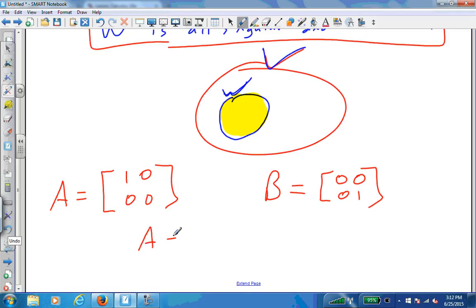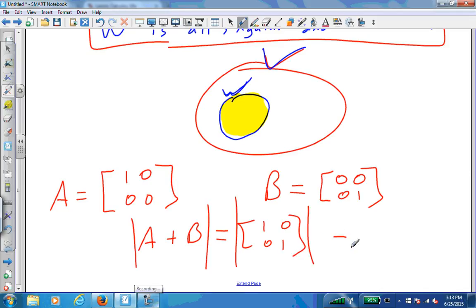If you were to add these two together, we would get 1, 0, 0, 1. If you take the determinant of that, you get 1 minus 0. Notice that does not equal 0. So A plus B is non-singular.